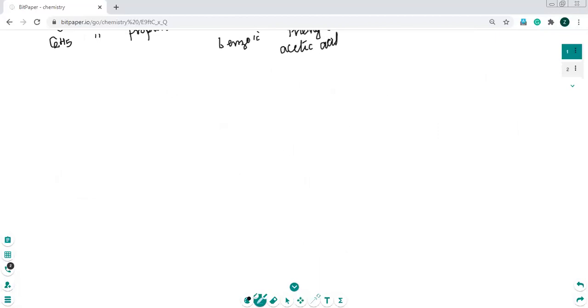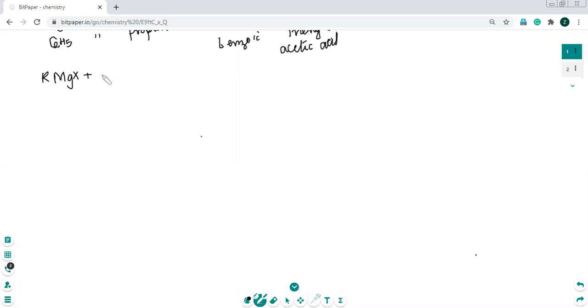The first method is again Grignard reagent, very good method. We have RMgX plus carbon dioxide.